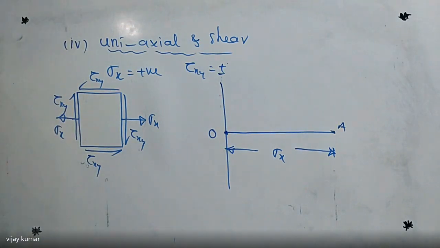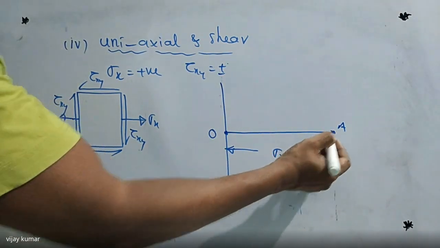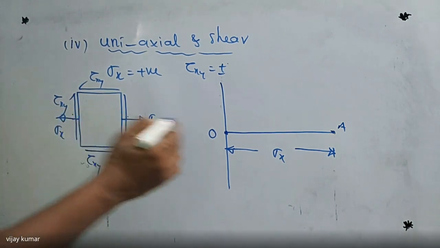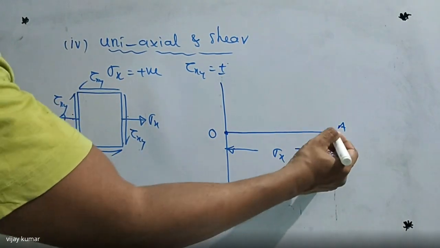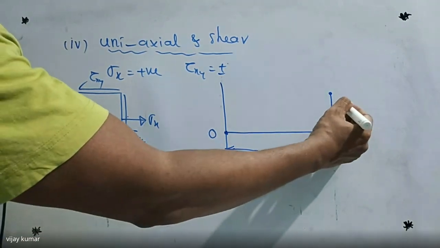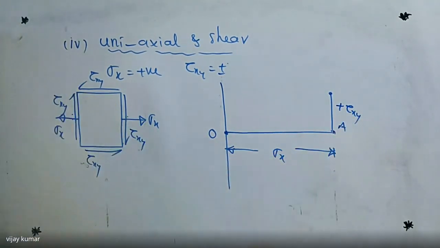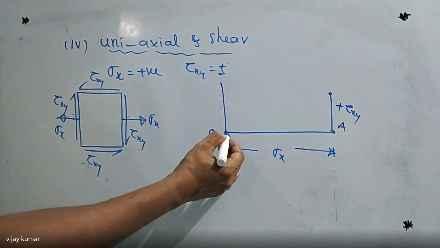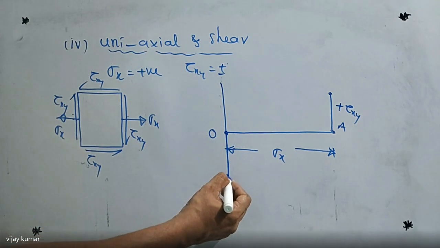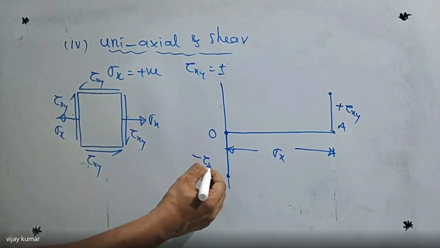If point A belongs to the vertical plane, which type of shear is acting on the vertical plane? Clockwise. Clockwise we indicate in the upward direction, because shear is always indicated upward: tau xy. If point O belongs to the horizontal plane, then on the horizontal plane this is also tau xy.